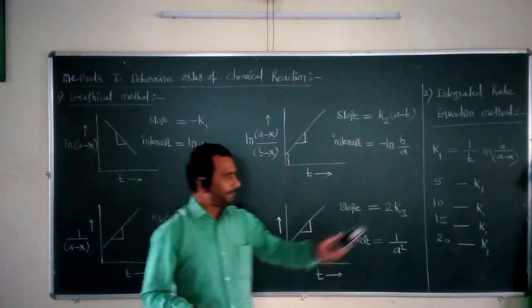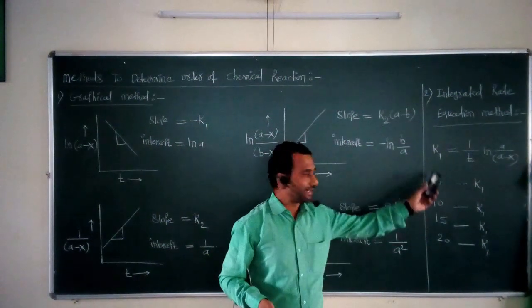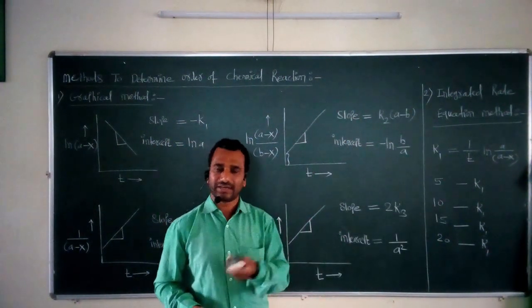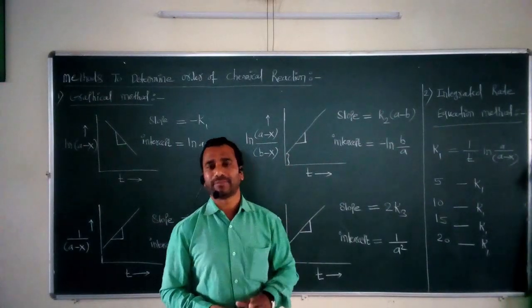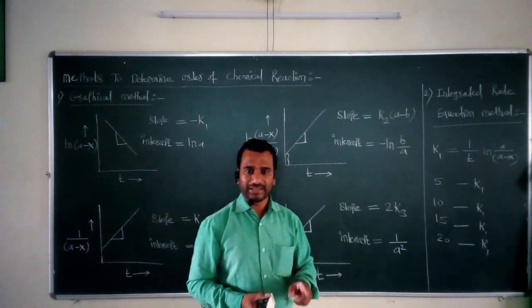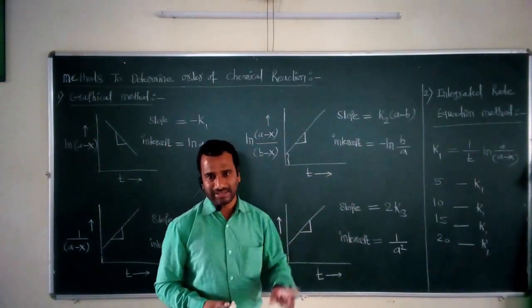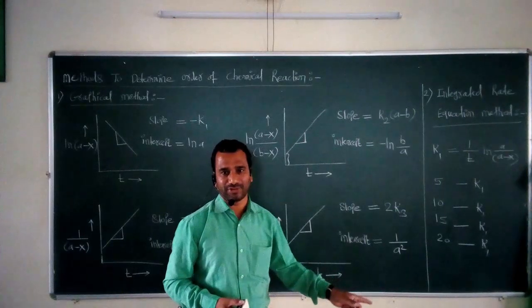So after calculating the rate constant at different time intervals by substituting the experimental values of concentration of reactant and product, if similar values of rate constant are obtained, then we can say that is the order of the chemical reaction. So this is the first consideration, for example.